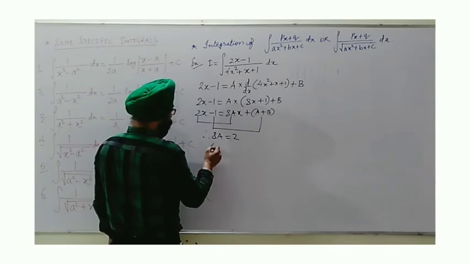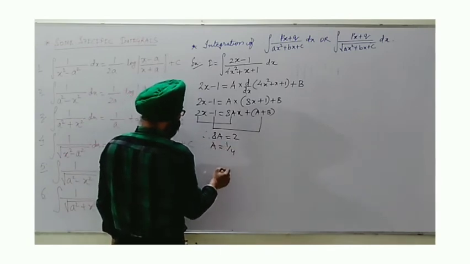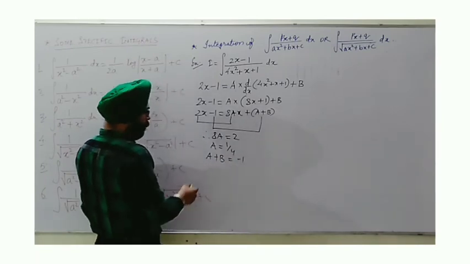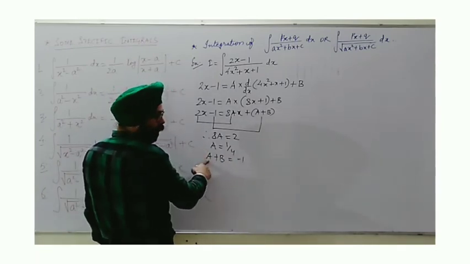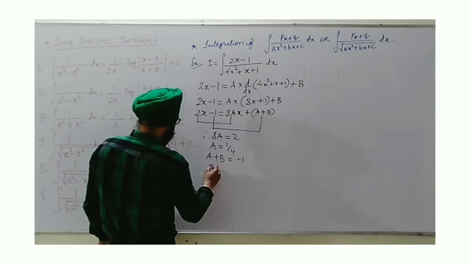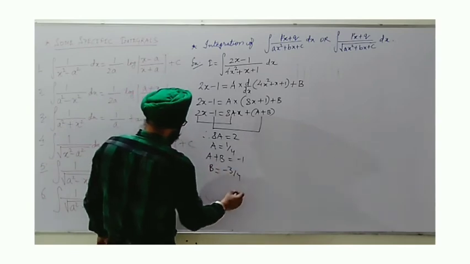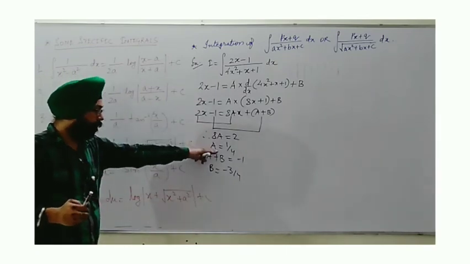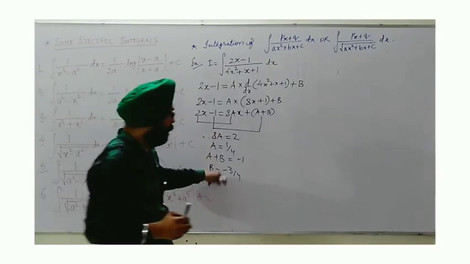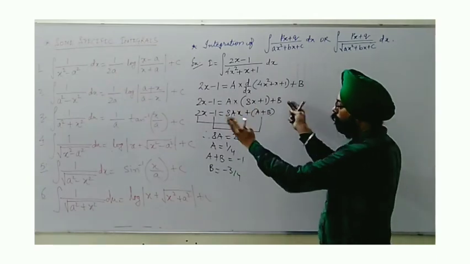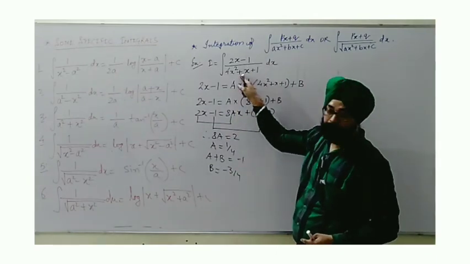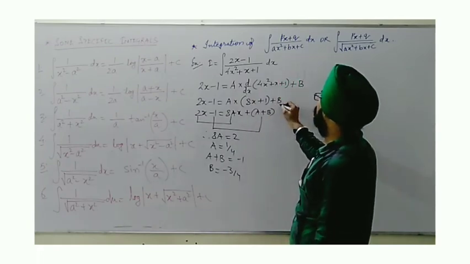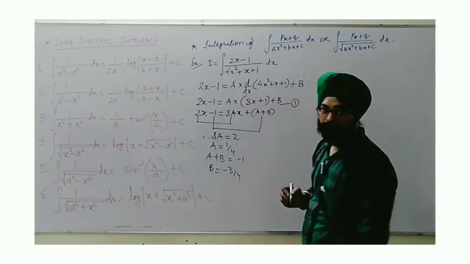So the required value of a will be 1 by 4, and since a plus b is minus 1, by comparison, putting a equal to 1 by 4 here, we get b as minus 3 by 4. Solving, the required values of a and b are 1 by 4 and minus 3 by 4. Using them we can split up the numerator in terms of the denominator. Therefore, this equation should be taken as 1. Very important.